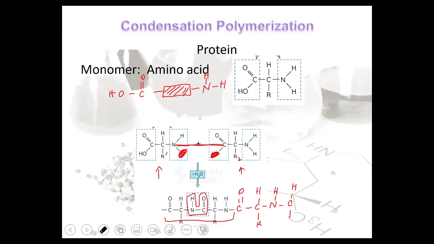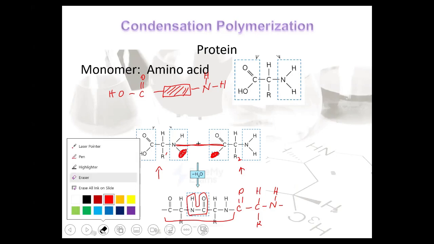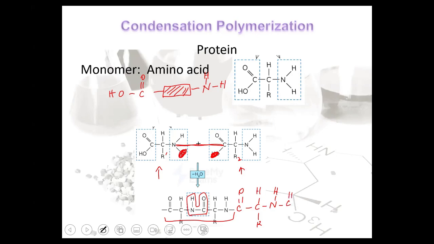C double bond O of the other amino acid will now come this side. C double bond O of another amino acid, then another C, and then H and R, and then NH.